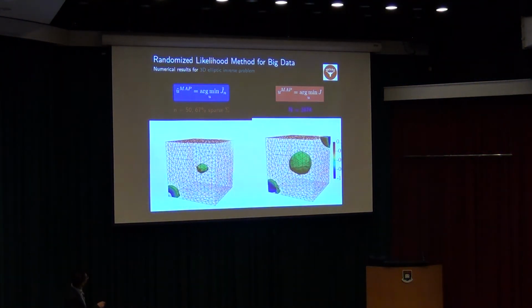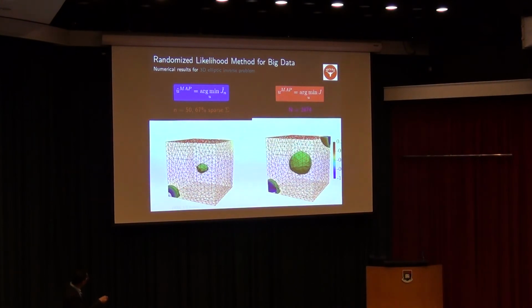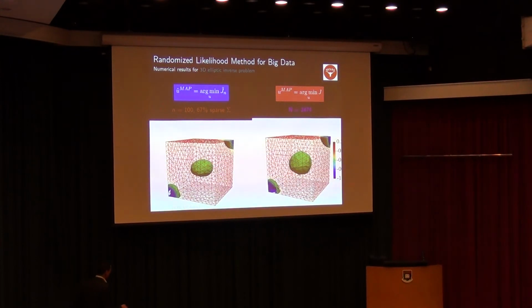And this is the three-dimensional problem, where this is the exact with 200. Again, this is a toy problem where I have 2,474 dimensions, and this is 50 random direction projections with 67% sparsity, and you already see that we cover these three reservoirs. But if I increase to 100, then we almost recover the original problem.